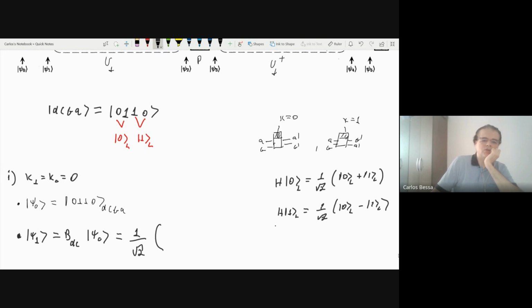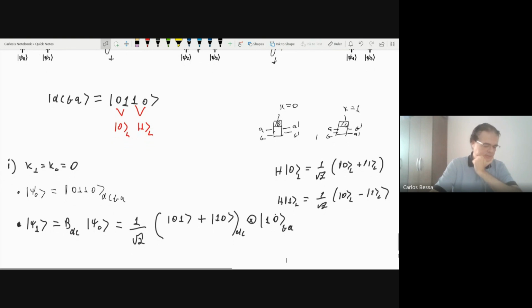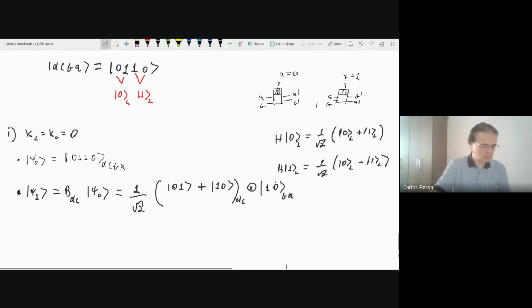So in terms of this notation, we have the 0 logical, that's 0, 1, plus, and not minus, and the 1 logical is 1, 0. Okay? So this is DC, times the other terms, where we did nothing in the beginning. 1, 0, B, A. Okay?